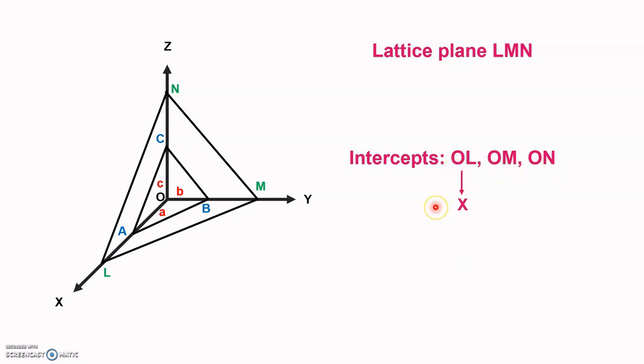OL is along the x-axis, OM along the y-axis and ON along the z-axis. OL is at a distance 2A, OM is at a distance 2B and ON is at a distance 3C.